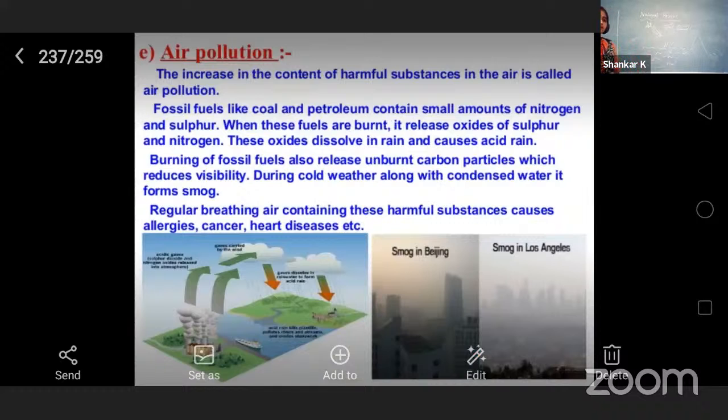Now you know about air pollution. So what does air pollution mean? How does air pollution happen? Anybody know?